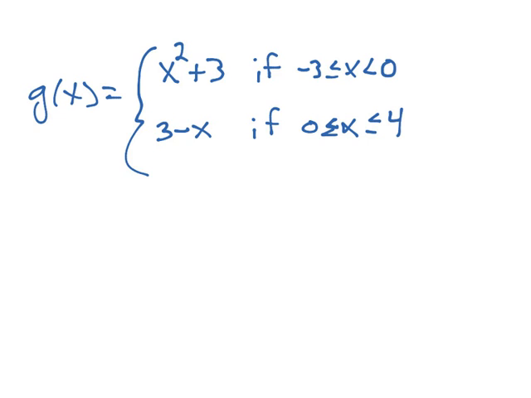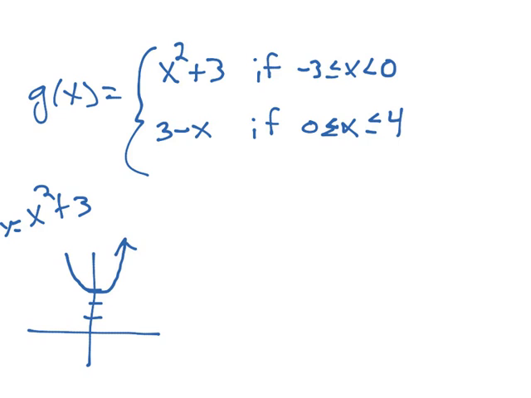Okay, so I made the conditions uglier, but all it's going to do is give us endpoints on both sides. So, looking at this first piece, x squared plus 3, the graph of that piece, it's a good old x squared graph that's been shifted up 3 units.